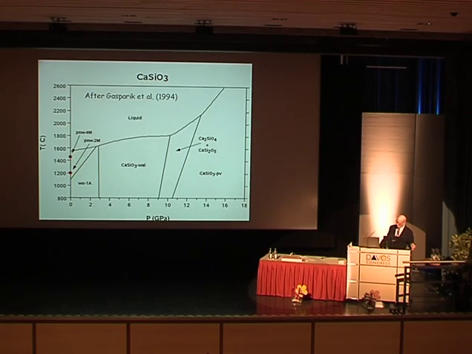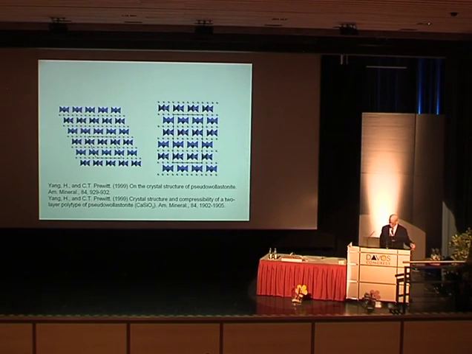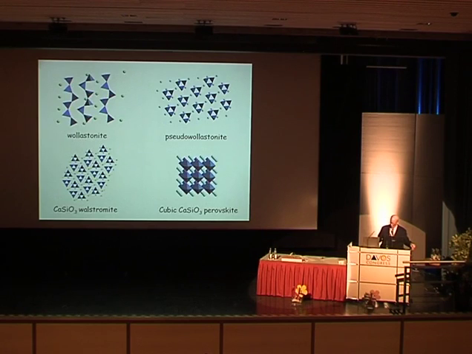These are pseudo-wollastonite phases, which we did the structures of. And people were very confused by this material for a while because it was usually disordered, and it was hard to get good diffraction patterns. But we were able to do that, and this shows the results. And this is the series of calcium silicate phases of various kinds.